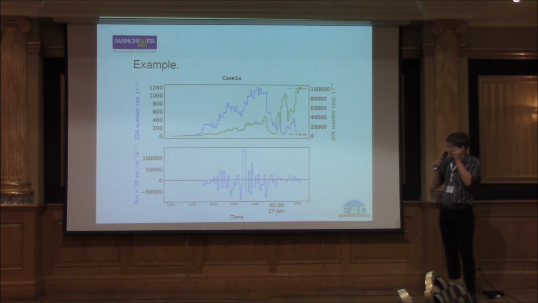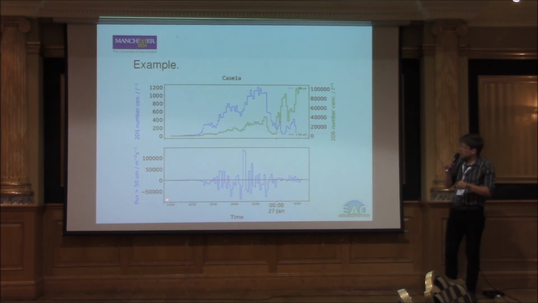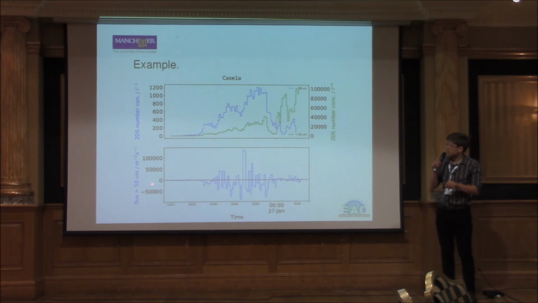If we use the theory of eddy covariance and calculate the fluxes, we can see a time series like this, with time on the x-axis and the flux for particles larger than 50 micrometers per cubic meter per second on the y-axis.